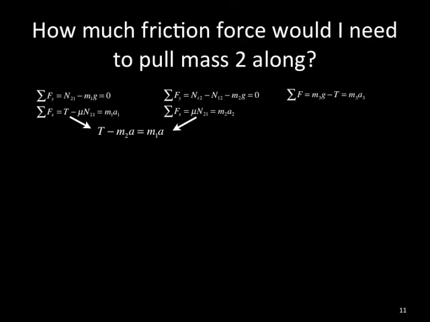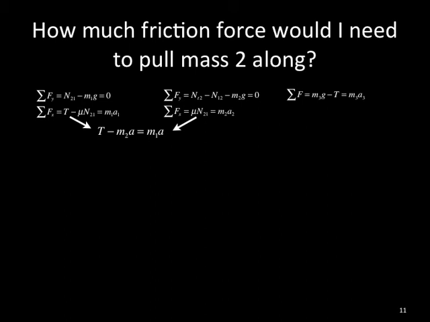So now we can look at what the acceleration of the system would be if we had static friction, and how much friction force would be needed to pull mass 2 along. So here are the equations from Newton's second law that we had, and you'll notice that in the x direction for mass 1, I have T minus mu times the normal force equals m1a1, and in the x direction for mass 2, I have mu times n21 equals m2a2.